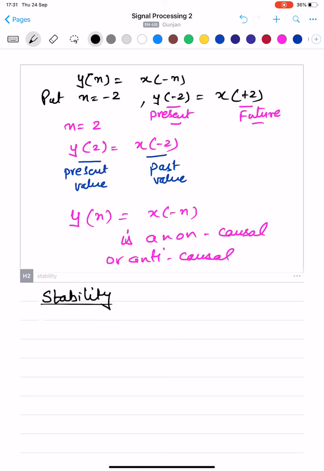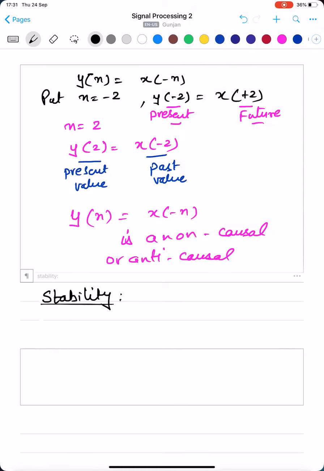So what is stability? If you are changing the input slightly, or the change in the input is small, the change in output should also be small. So for instance, it's given to us that y(t) equals e raised to the power mod of x(t), and x(t) is given.